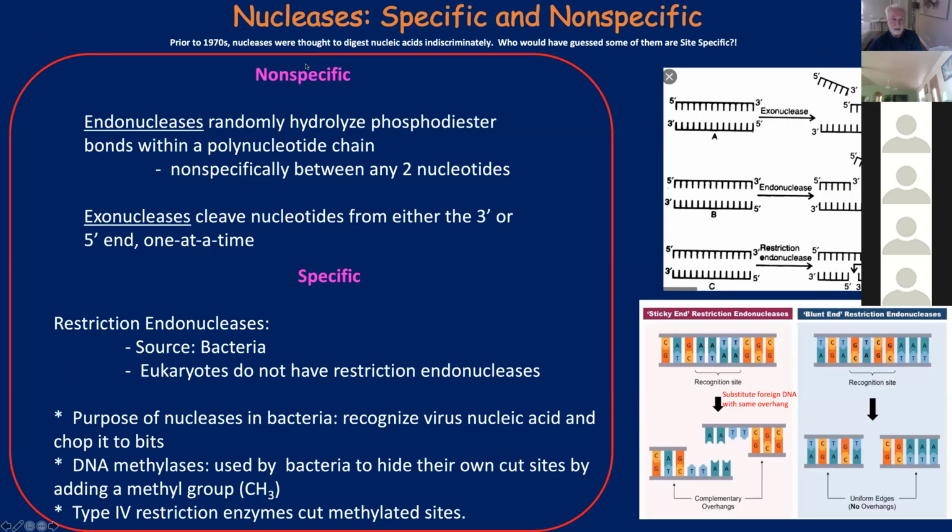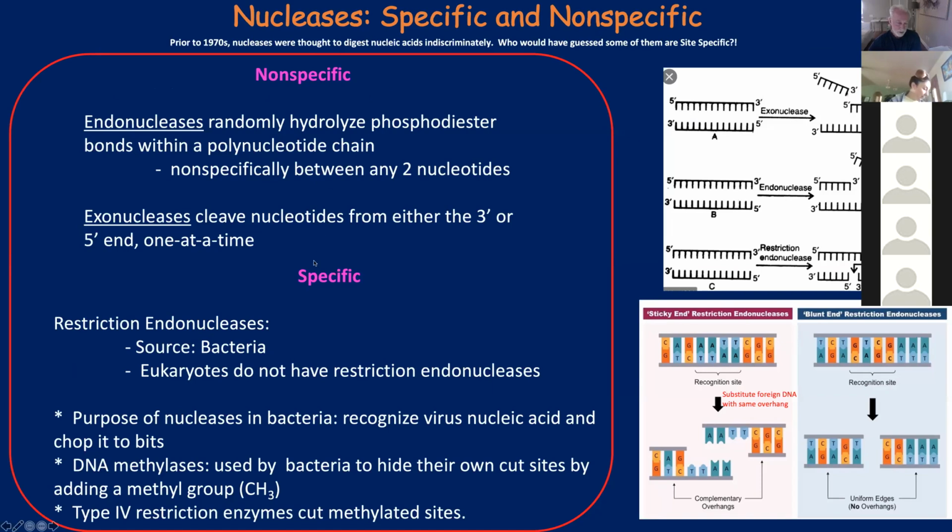Nucleases, on the other hand, can be either specific or non-specific. So the non-specific ones can randomly hydrolyze the phosphodiester bonds in a chain, or they can chew off either end, either the 5' or the 3' end. Well, these, for molecular biological purposes, are of no interest.